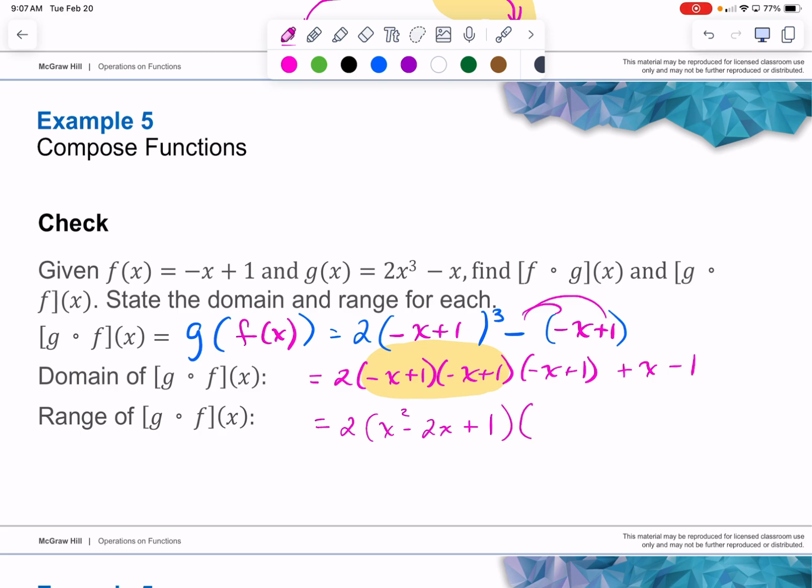And then we've got negative x plus 1 times all that. So we have to make sure those get multiplied together, right? And then we're going to multiply everything by 2. And then we're going to combine terms with our x and our negative 1. Right? Does this look familiar? Luke, have you seen this before? Yeah. Okay.